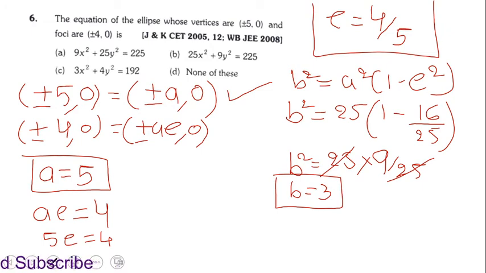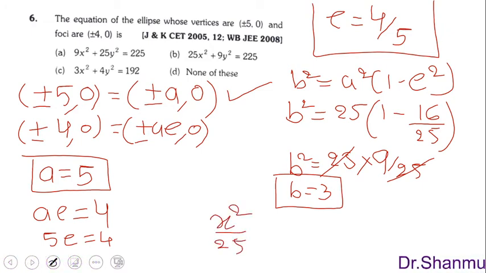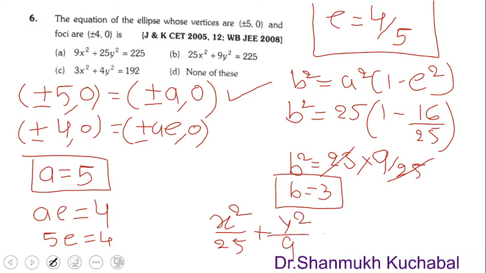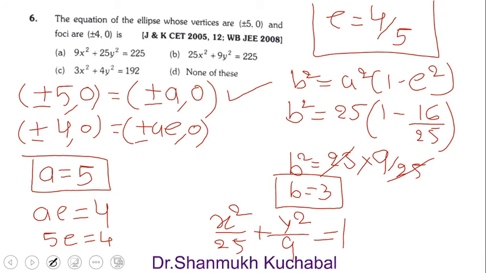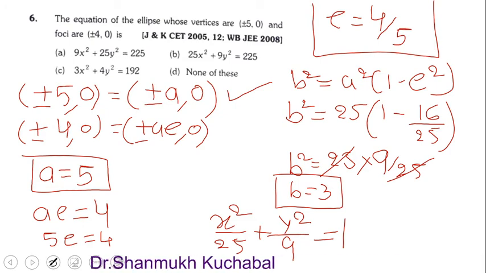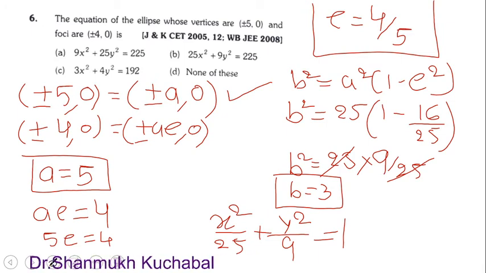Further we have to use the formula x square by a square. A square is 25, and y square by b square, 3 square it is 9, equal to 1 we are going to get. So this option is not among A, B, C. Then simplify this one.